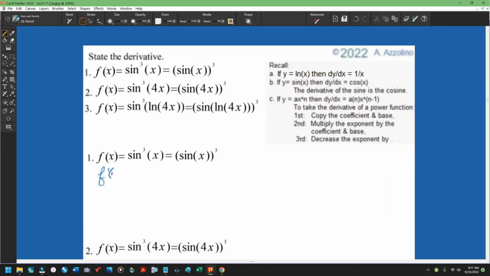The derivative is the derivative of the outer evaluated at the inner times the derivative of the inner.